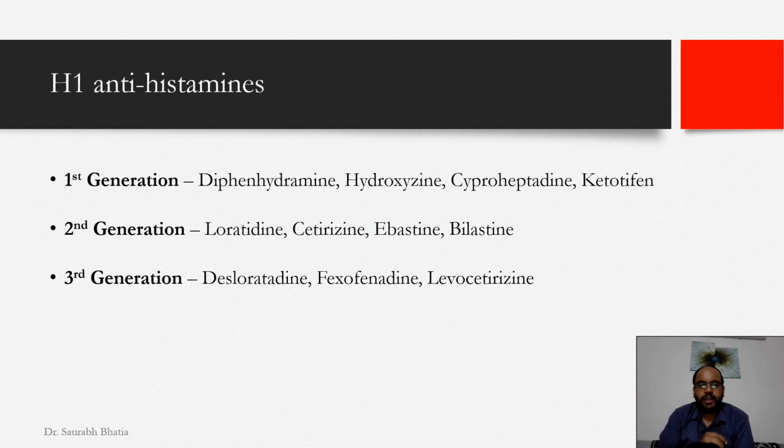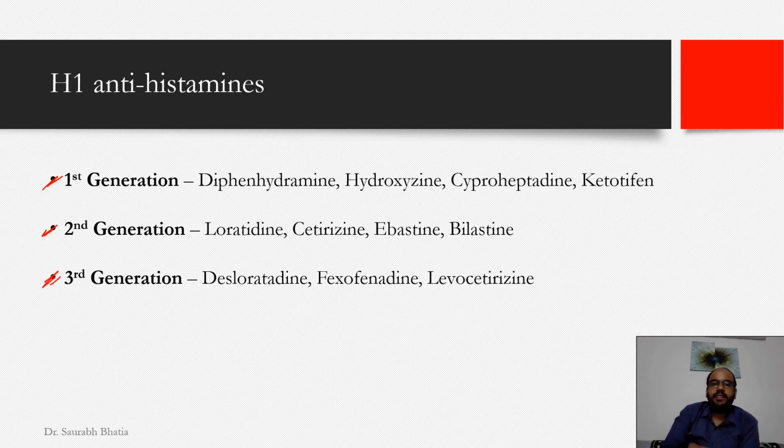Okay, so we have discussed what is histamine, what is its structure, how does it get released from mast cells, what are the actions. Okay, now when we are discussing antihistamine, we'll be discussing the first generation, second generation, and third generation antihistamine.